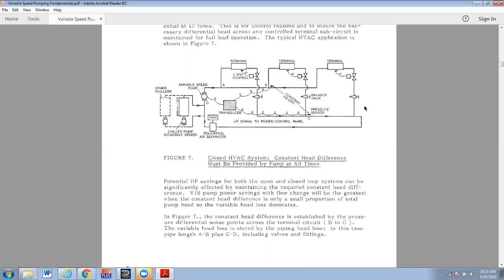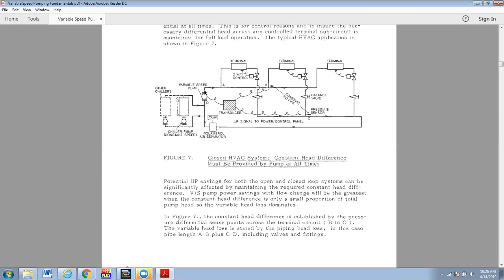The variable head loss is stated by the piping head loss. In this case, it's A, which really, it's from here. It includes this piece of pipe. So he says from A to B, but I would read that as the discharge of the pump around to B, and then from C to D, which is C all the way around through here, all the way back to the suction of the pump.